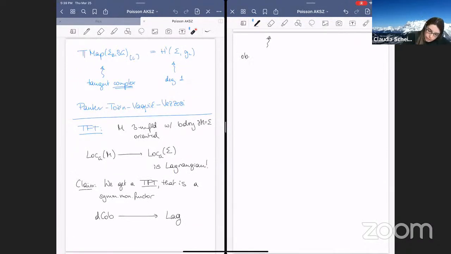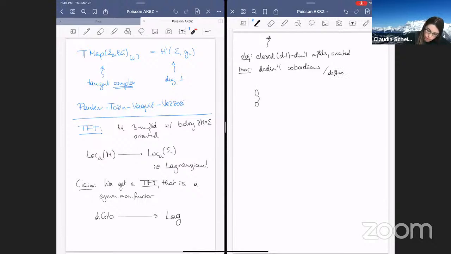My objects are closed (d-1)-dimensional manifolds, oriented, and my morphisms are d-dimensional cobordisms, and to be fully precise, I need to take these up to suitable diffeomorphisms.